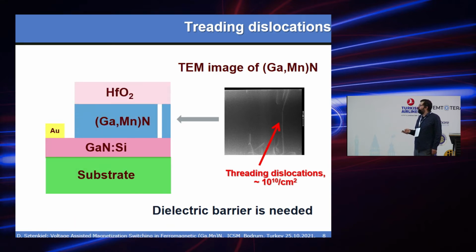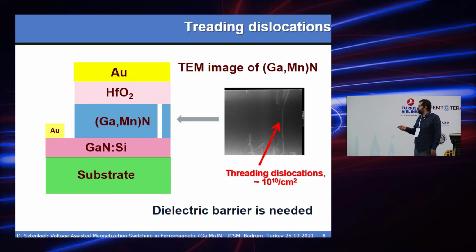Therefore we have to deposit an additional dielectric oxide by atomic layer deposition, which blocks the current flow through such a structure. Then we have a gold layer.